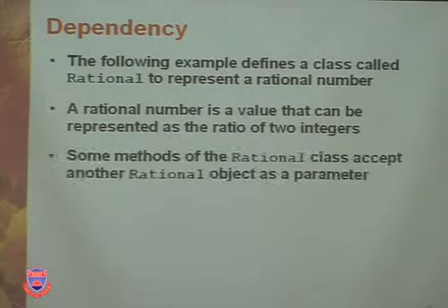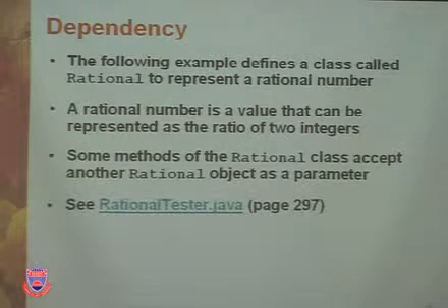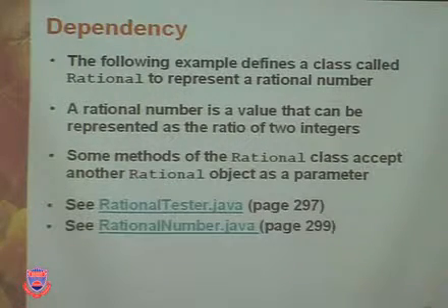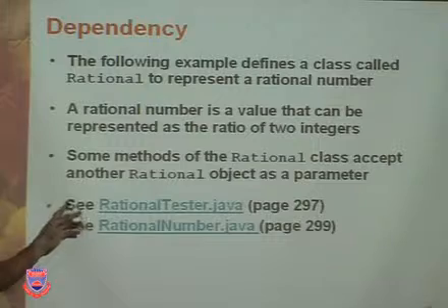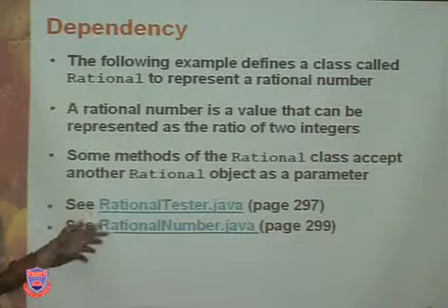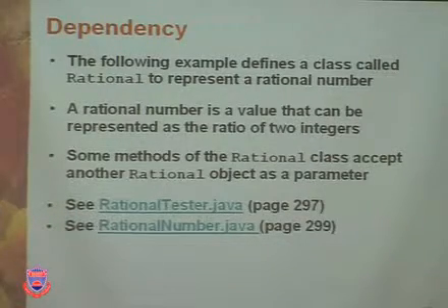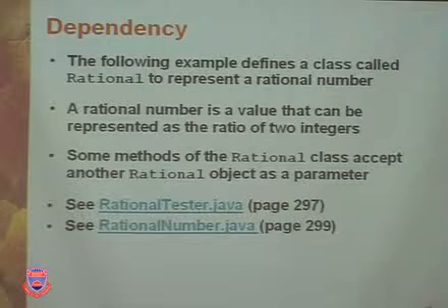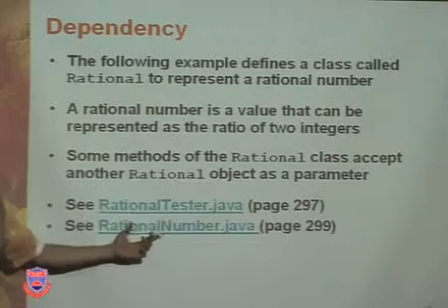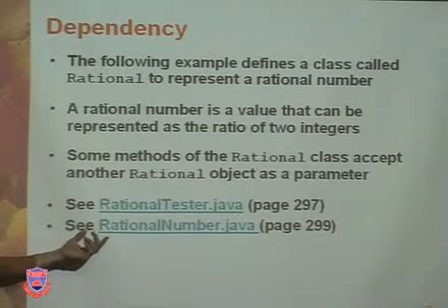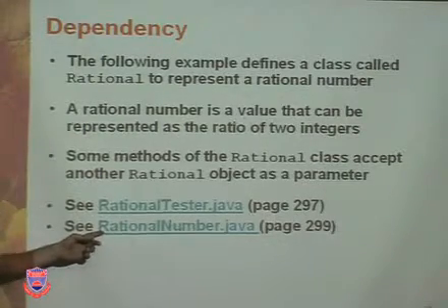In the following example, we have RationalTester.java and RationalNumber.java, which is basically a rational number class. If you remember a rational number, you have a numerator and then the denominator. How can I represent a rational number in that case? If I want to represent the rational number class, RationalNumber.java, what could be the instance variables?